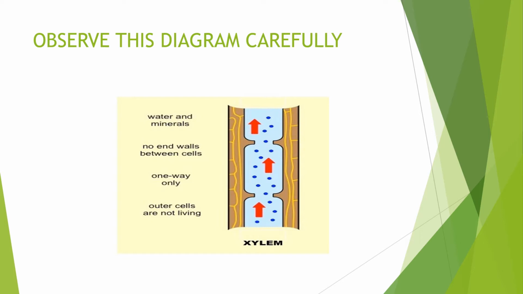Now you can see how water and minerals are transported by xylem and they are moving from roots to the aerial parts of the plant. Aerial means upper parts of the plant, or you can say that water and dissolved minerals are moving from roots to the upper parts of the plant, that is leaves.